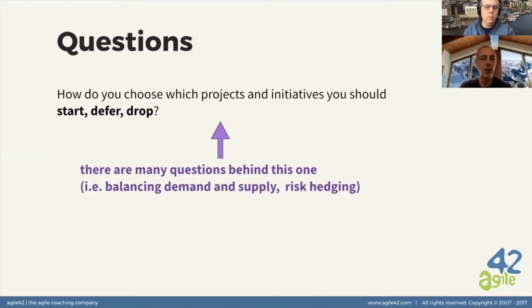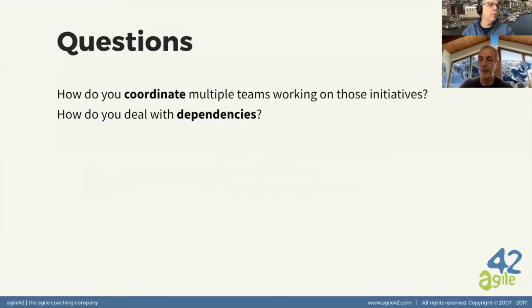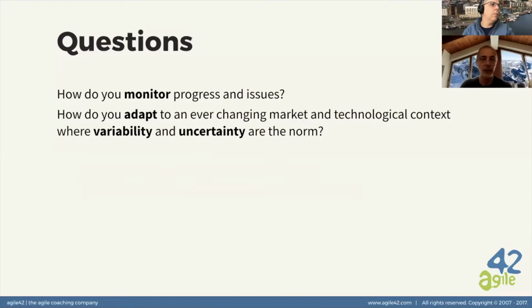One of the key ones is, when should we start a project, or should we defer or drop it? Then there's the issue of coordinating people and teams working on those initiatives and dealing with the inevitable dependencies that will show up. And then there's the issue of monitoring progress.